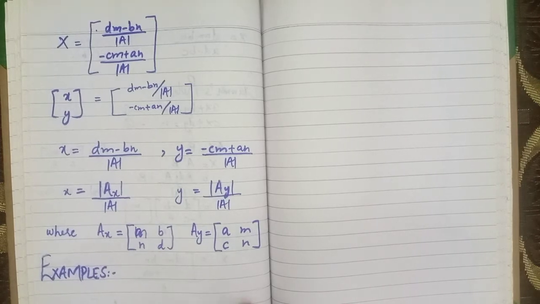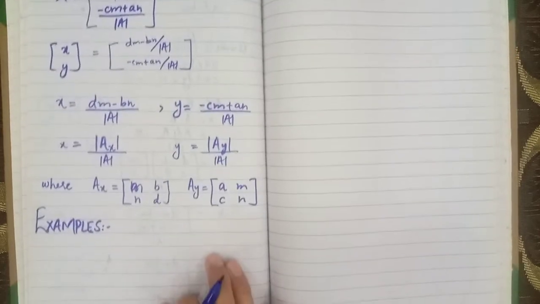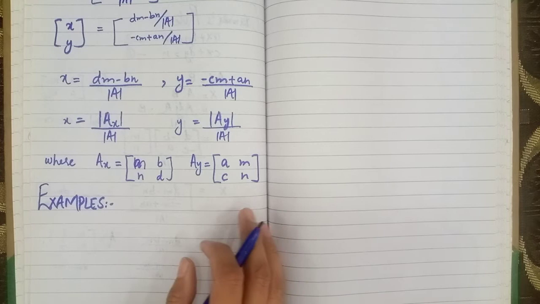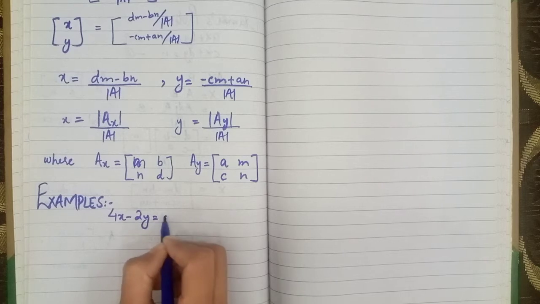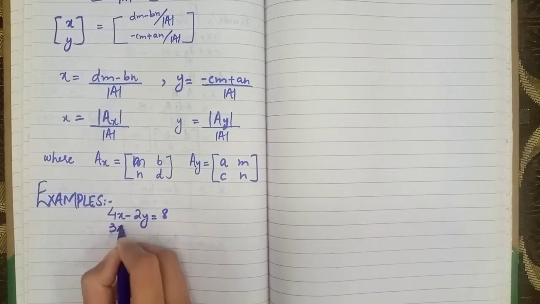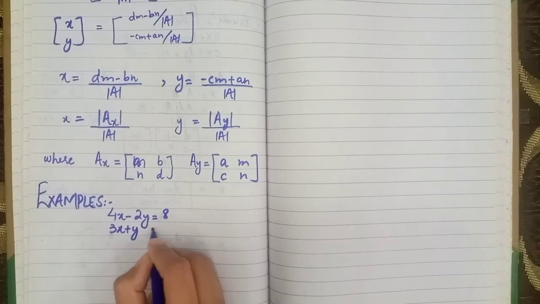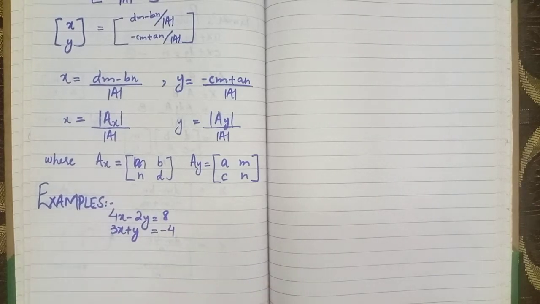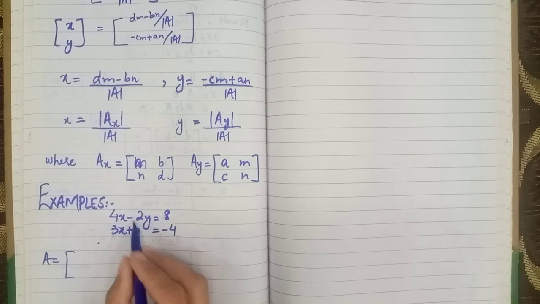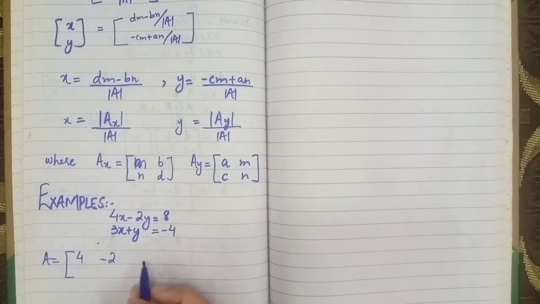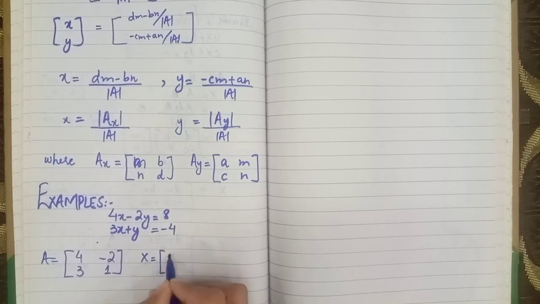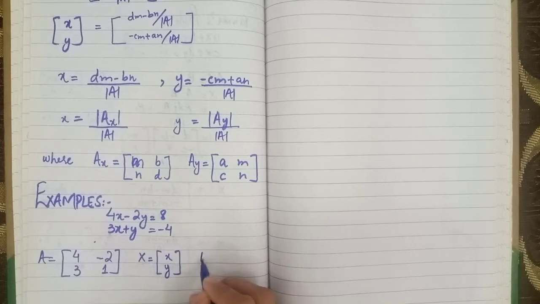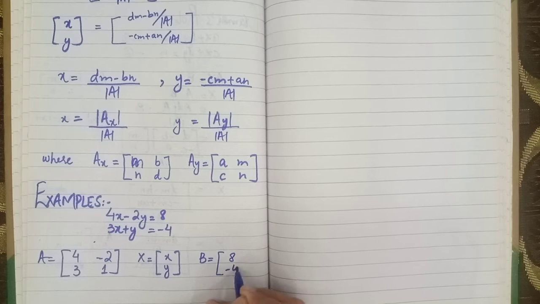Example number 1: solve the following system using the matrix inversion method. What is the system? 4x minus 2y equals 8, 3x plus y equals minus 4. The first step: A equals 4, minus 2, 3, 1. X would be x, y, and B is 8, minus 4.